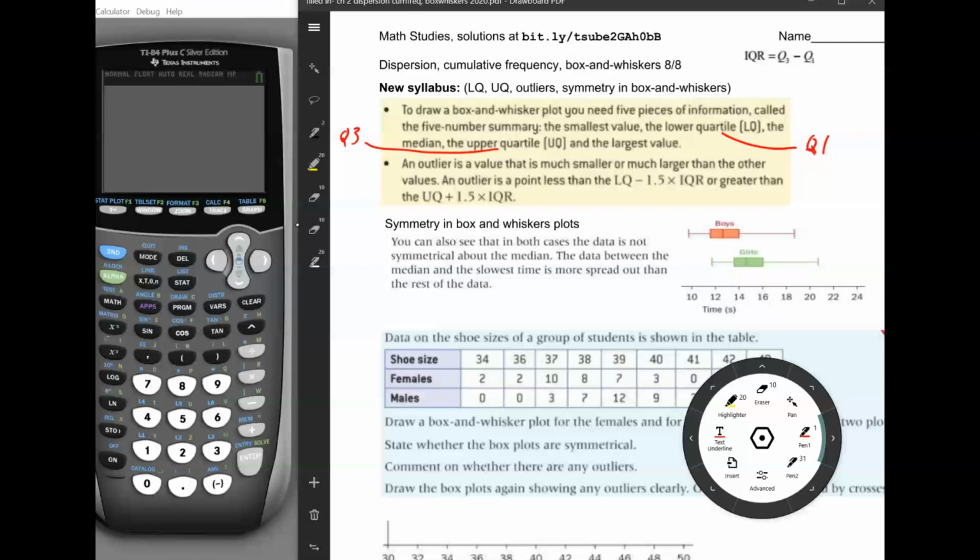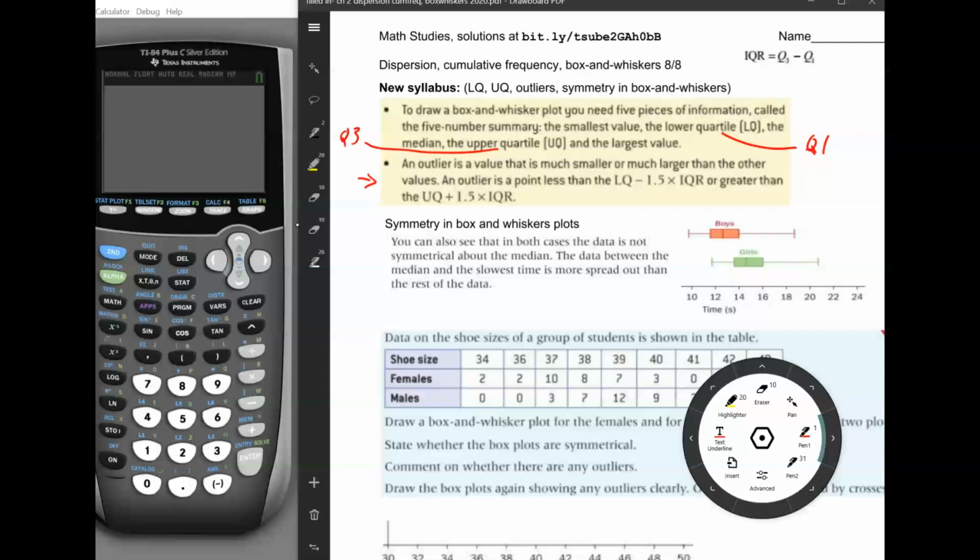The next concept, I don't think you're going to use too much in your exam papers. Probably you're going to use it more in maybe your IAs. Basically, they're defining with a mathematically quantified borderline or limit what an outlier is.